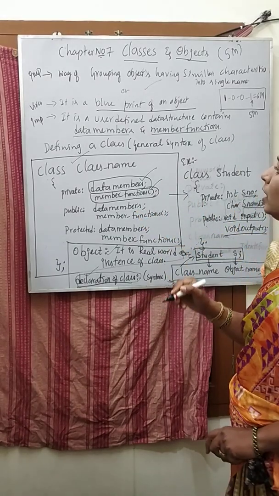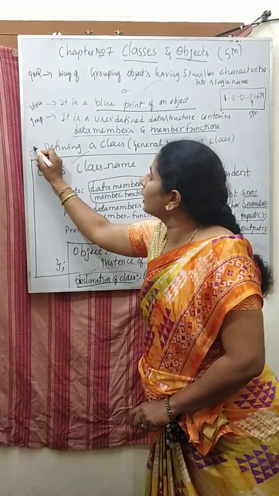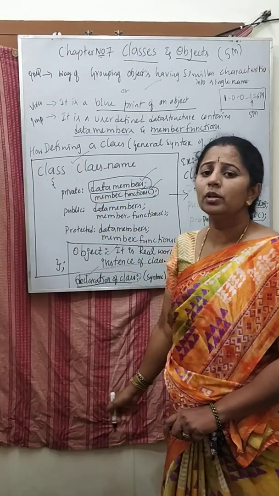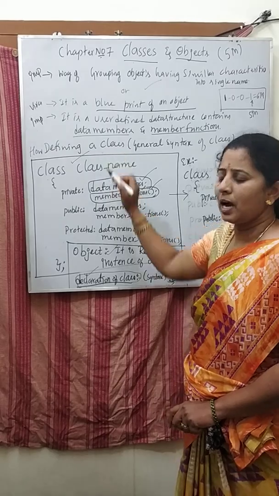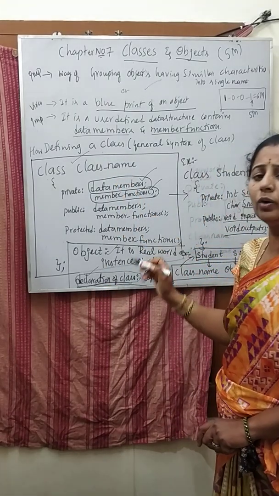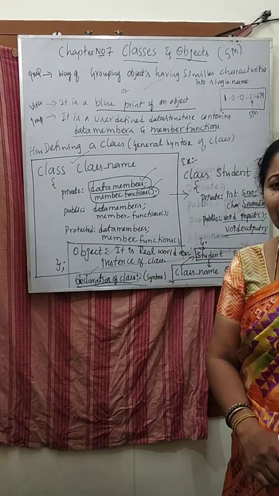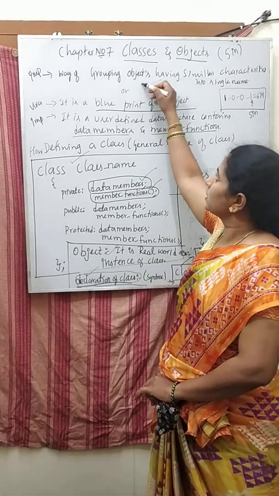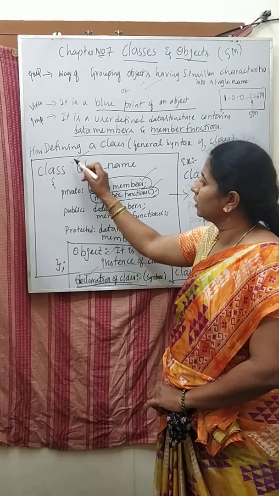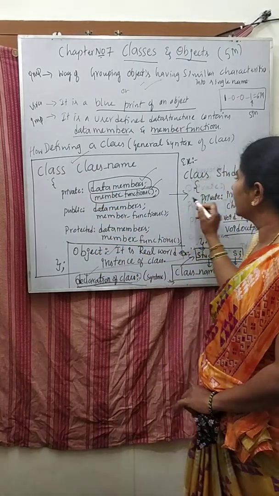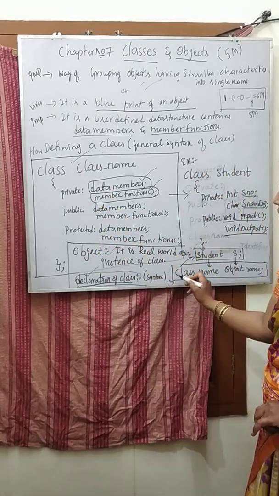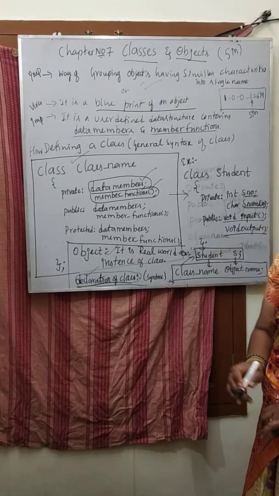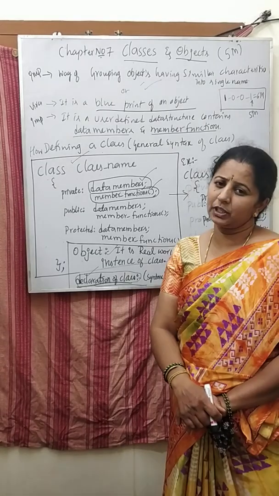That is one way. How to define the class and declare the class. Explain. If it is 5 marks, what is class? What is object? Syntax of the class. Example of the class. Syntax of the object. Example of the object.